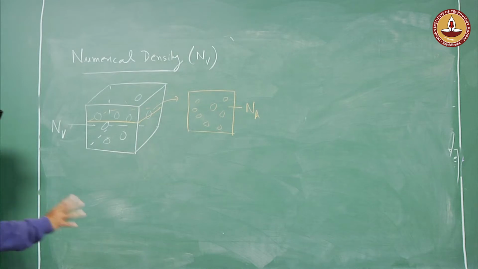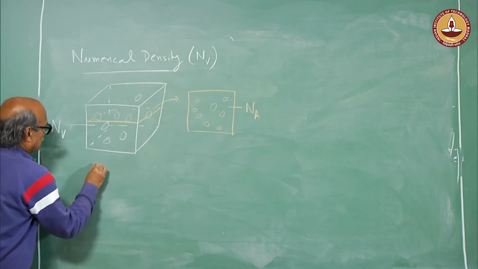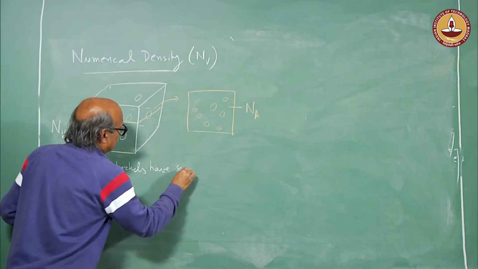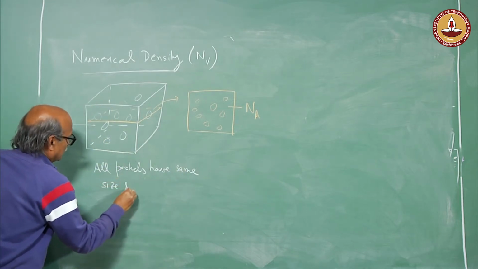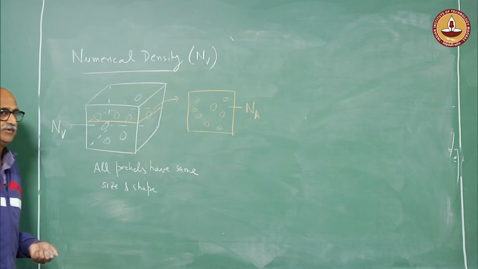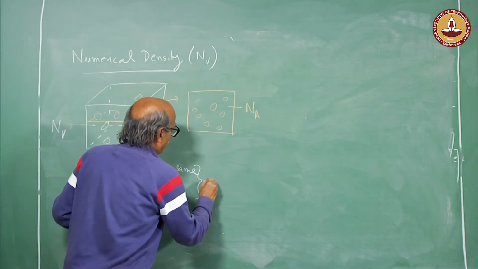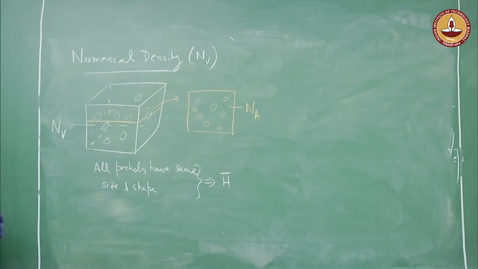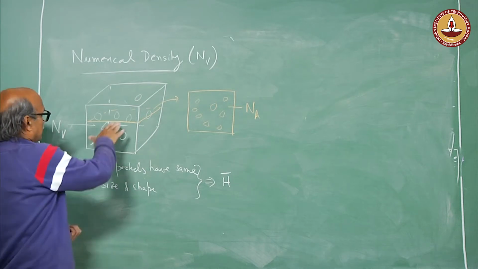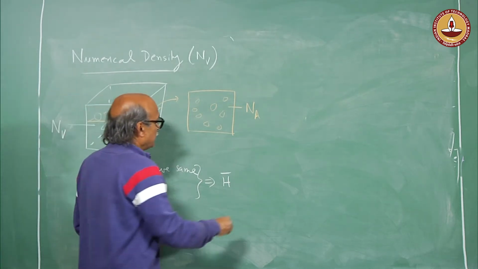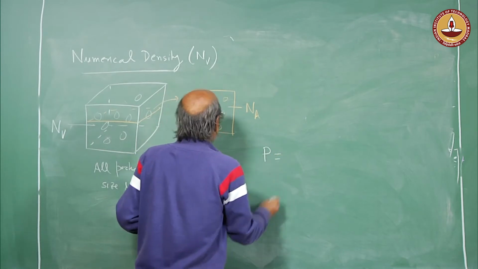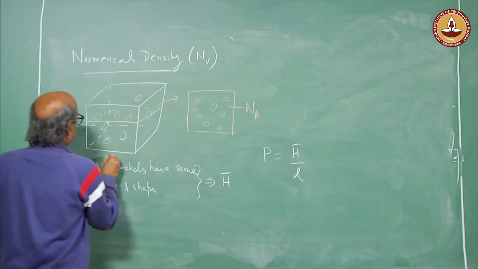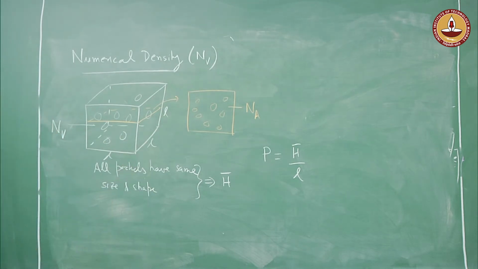Let us assume that all my particles here have the same size and shape, which means that they will all have the same value of the mean tangent diameter. Which means that for this section, the probability of intersecting a particle by the two dimensional probe would be h bar upon L. Well, L again is my dimension of the cubic space.